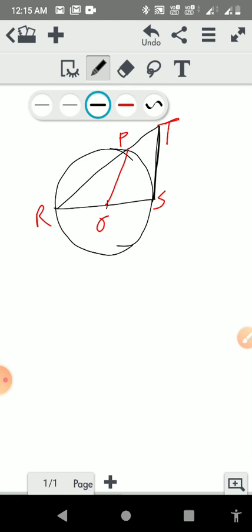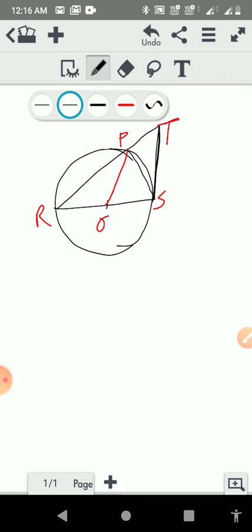Now I will draw this line also, with this same shade, so that I will get this triangle RPS. Now see, in this diagram I have to construct RT, TS.